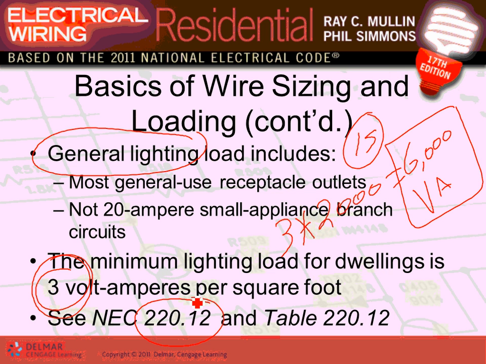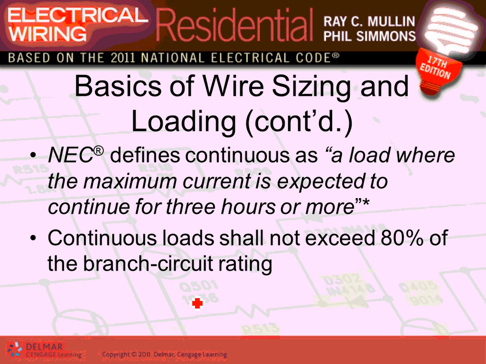So we take the square foot and multiply it by this. There's another concept called continuous load. Continuous load is defined as 3 hours or more at maximum. I will highlight these three things.